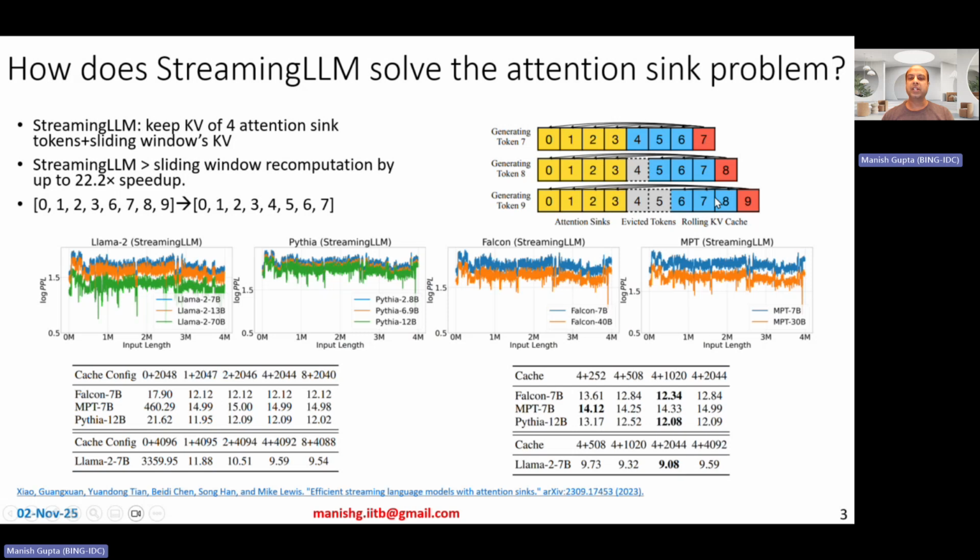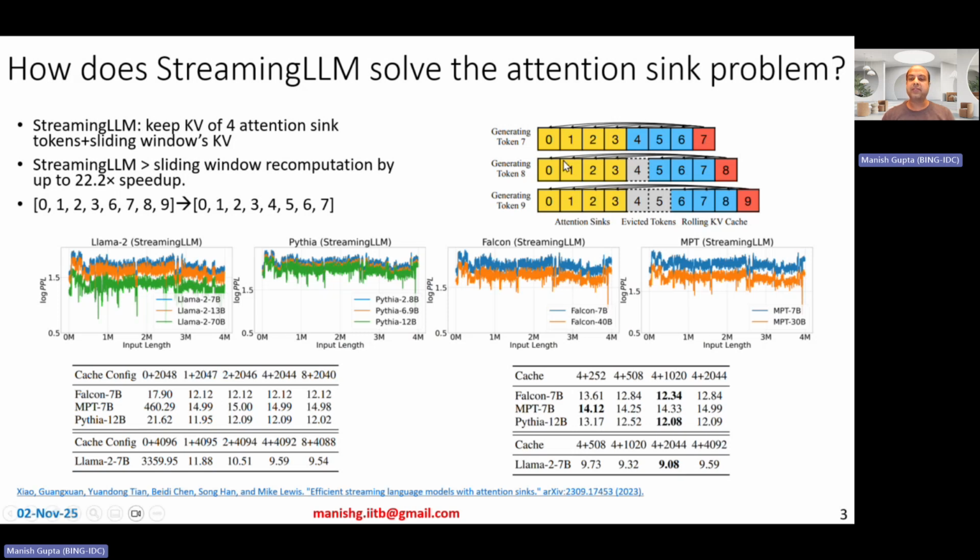So for example, to generate token 9, you pay attention not just to 6, 7, 8, but also to the first 4, 0, 1, 2, 3, and so on. You always pay attention to 0, 1, 2, 3. Interestingly, streaming LLM has almost similar perplexities as sliding window with recomputation, but sliding window with recomputation is 22 times slower compared to streaming LLM, and therefore streaming LLM makes a lot of sense.